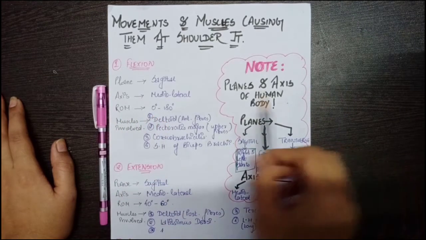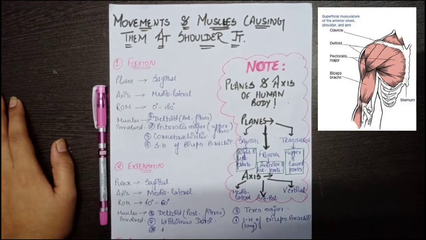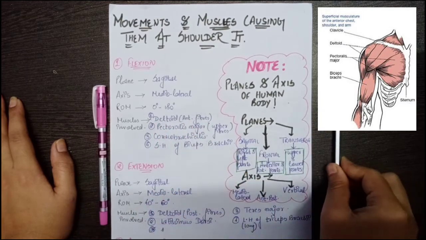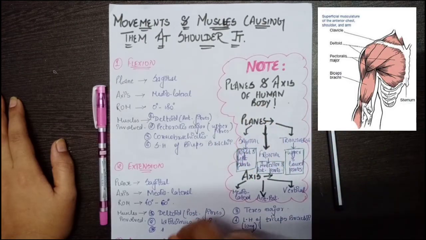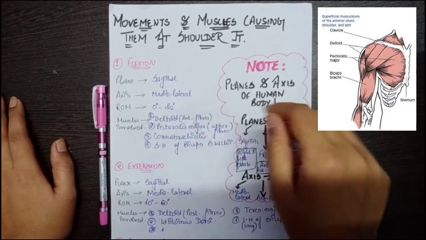Now, talking about the muscles involved. As you can see in the picture, the muscles involved in flexion would be the anterior fibers of deltoid. Before telling this, deltoid has 3 fibers, as we already know: the anterior fiber, the middle fiber, and the posterior fiber.